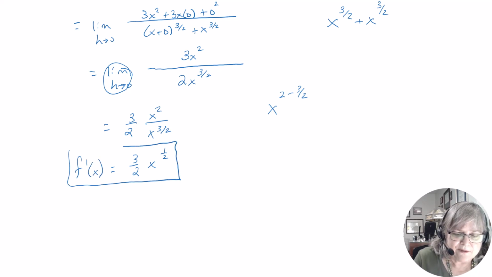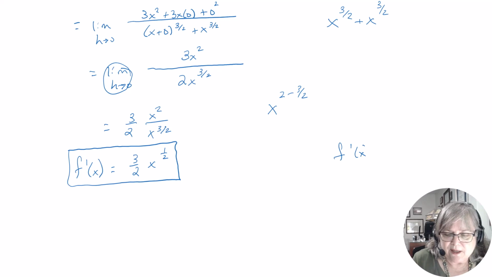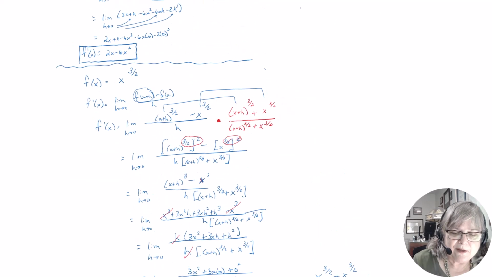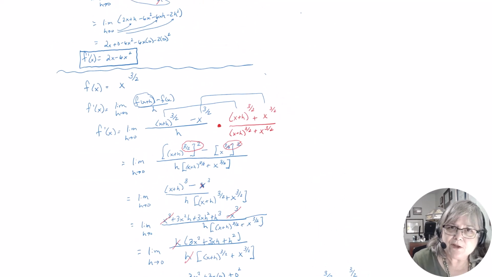Now, I want to talk to you for just a second about good form, okay? You could also think of this as f prime is equal to 3 halves square root of x, or 3 square root of x over 2, right? But good form is actually, let's look back up here and see how they gave it to me.